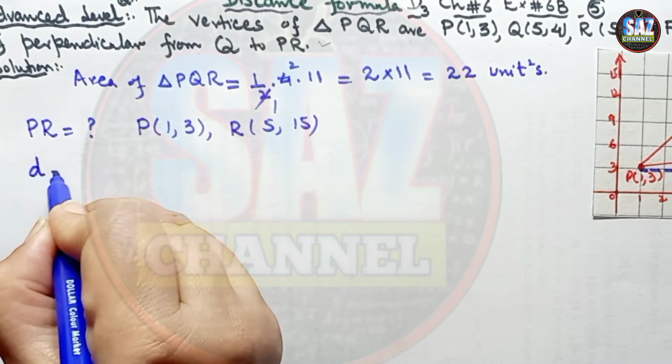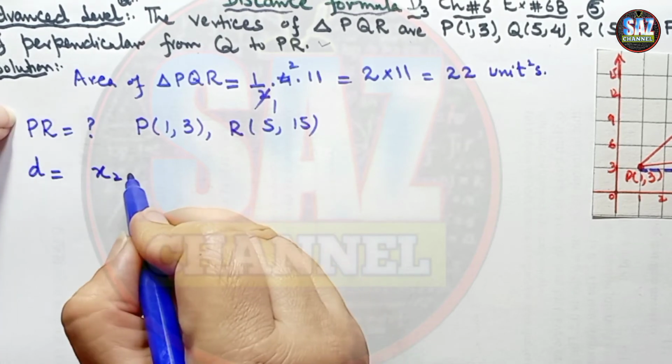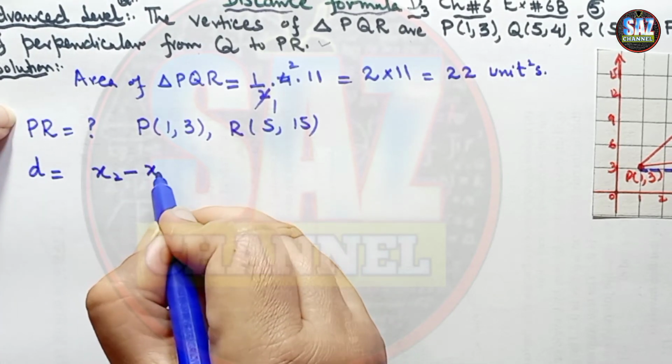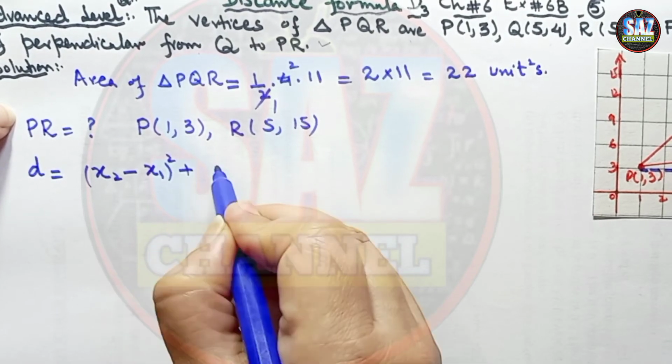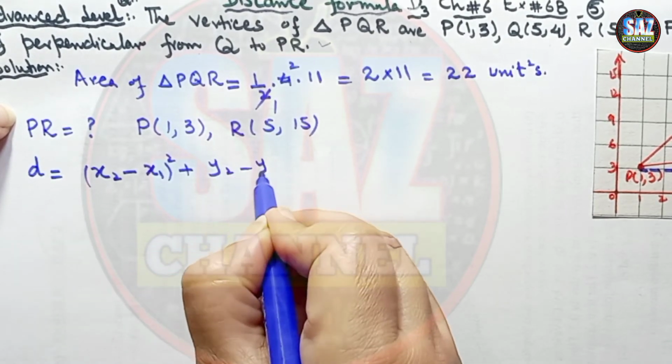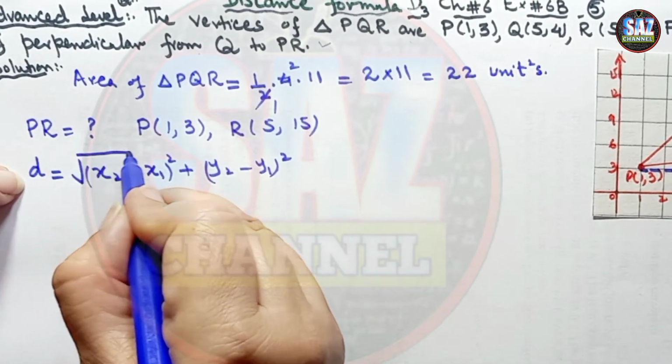We know that the distance formula is the square root of the sum of square differences of x and y: x2 minus x1 whole square plus y2 minus y1 whole square, and then I have to put the square root.